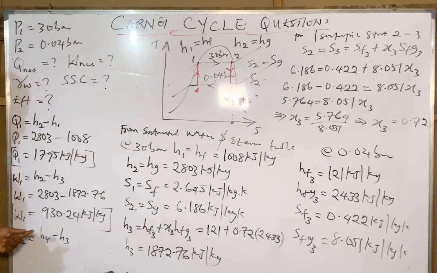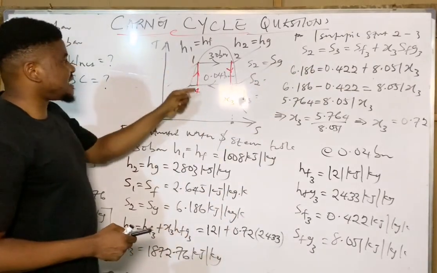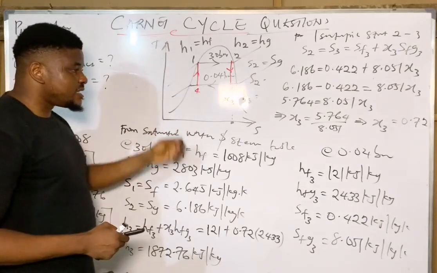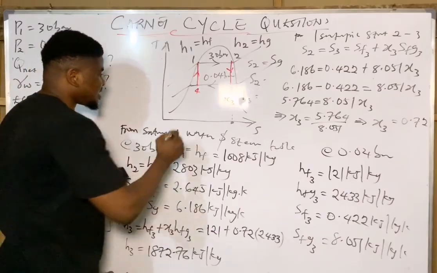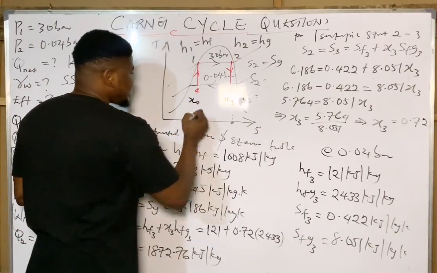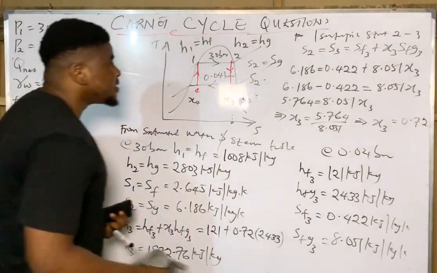In order to find H4, we have to repeat this process for state 4. State 1 and state 4 is isentropic. With this, we can find the dryness fraction at state 4, which is X4. So let's do that still over here.